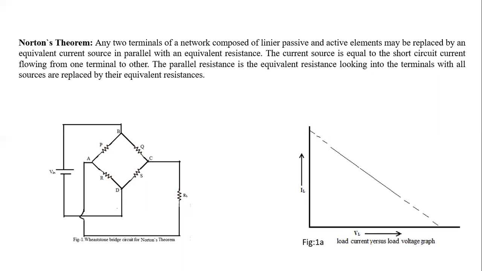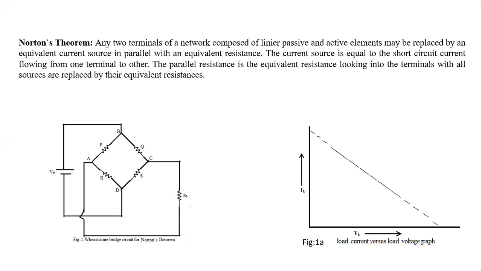So up to now, what things have we got? We have got this graph at figure 1a by varying VL and IL. We have got the ISH value. What is the short circuit current value? That ISH value. And we have got the RN.